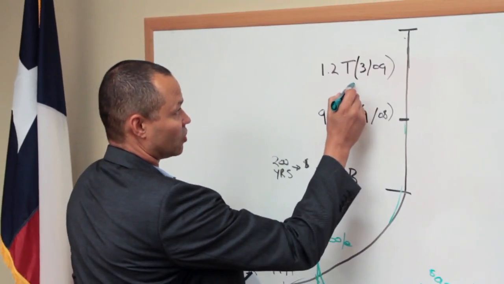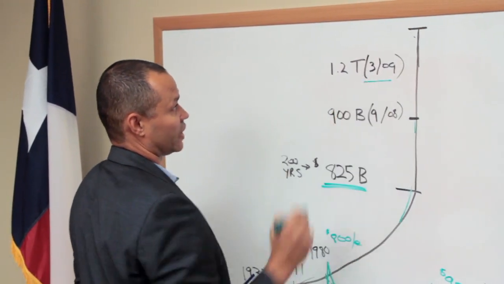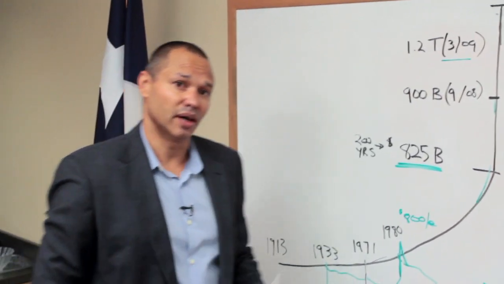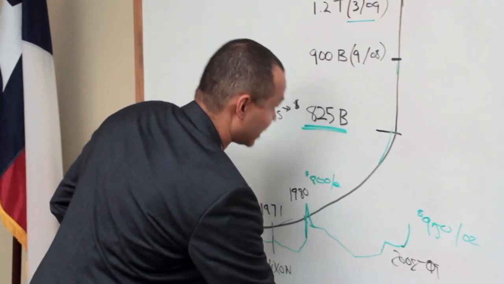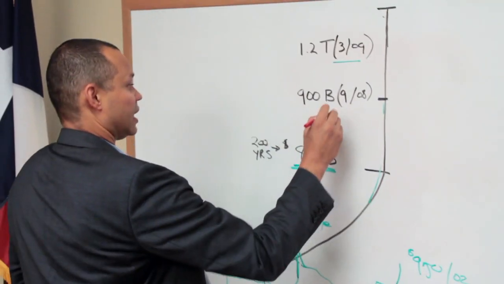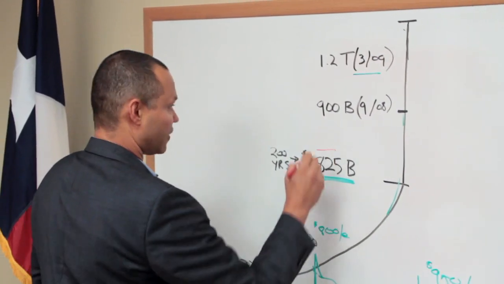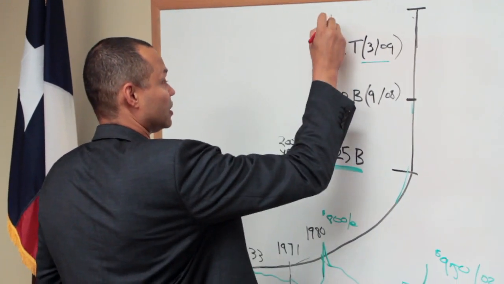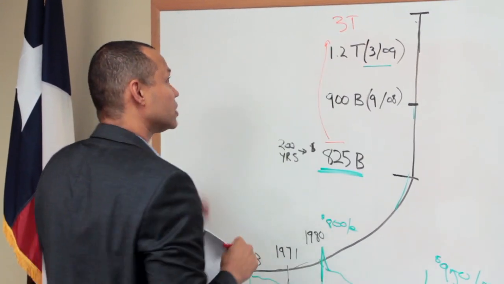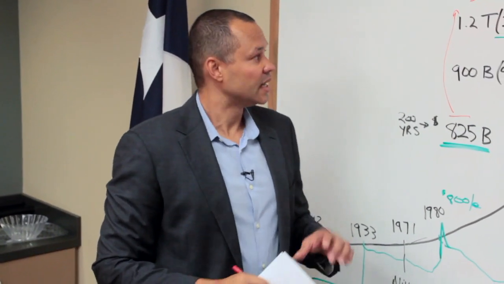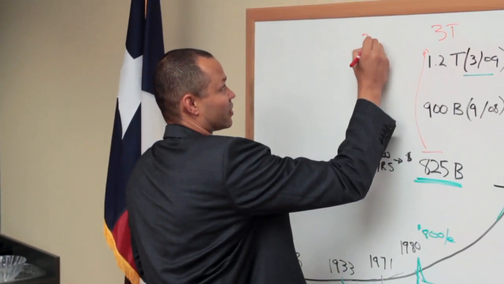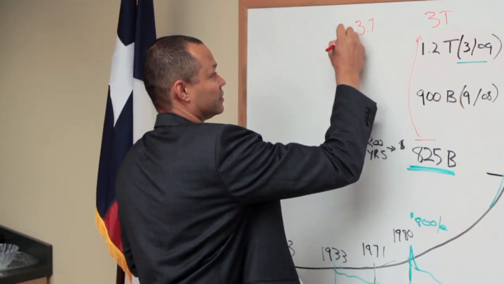And then in March of 2009, we had the bank bailout, and that was $1.2 trillion. If you're not catching this, this is critical. We went from $825 billion up to $3 trillion in our money supply. That is about a 3.7 multiplier.